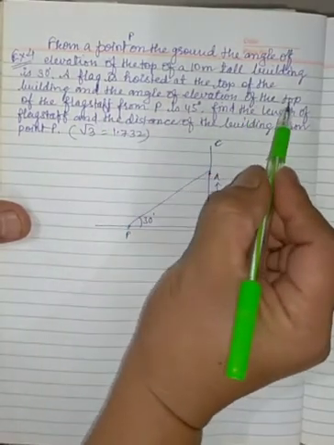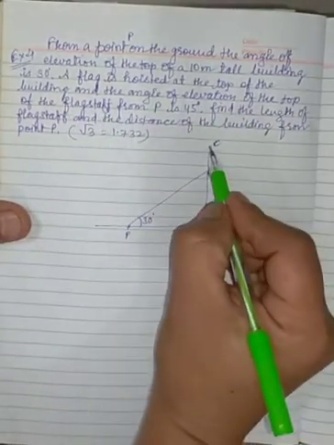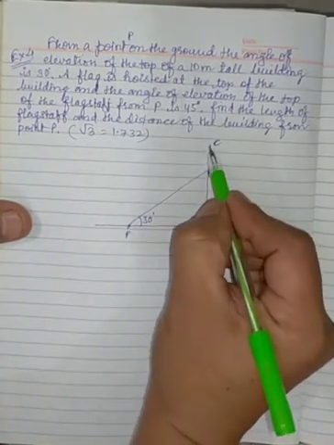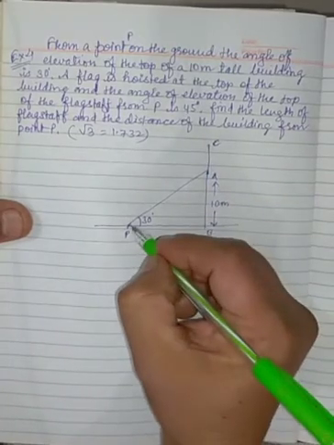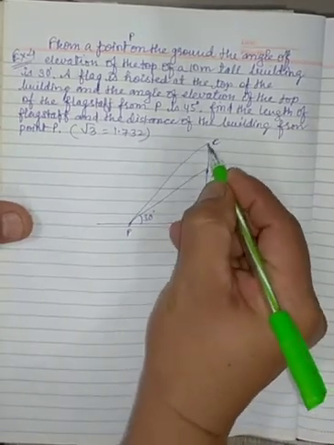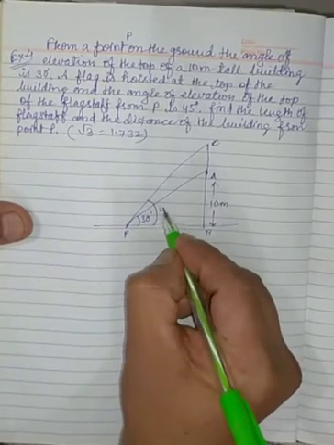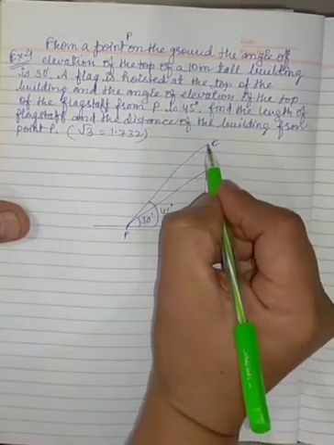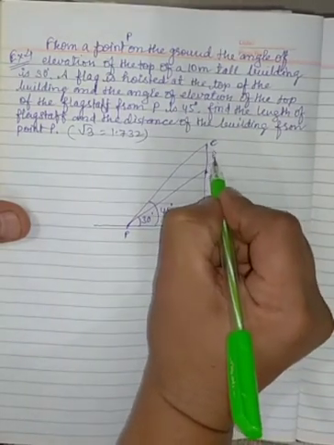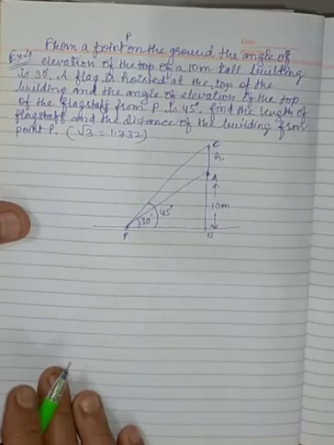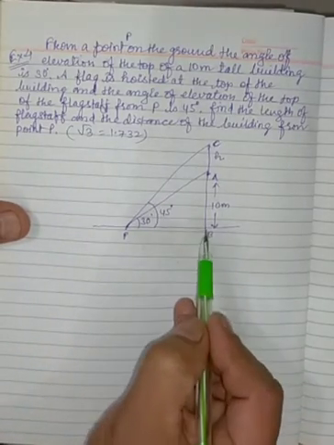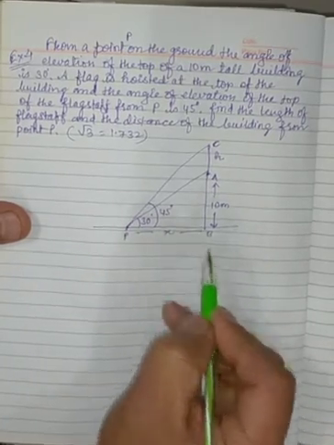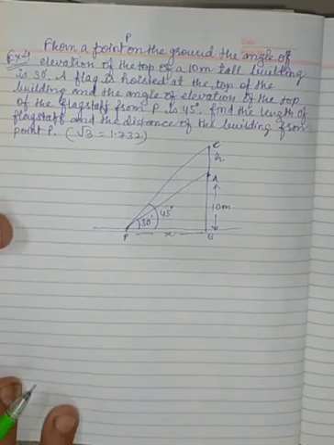And the angle of elevation of the top of the flagstaff, this is the top of the flagstaff, from the same point P, we are given 45 degrees. So the length of the flagstaff we have to find out, let it be H, and the distance of the building from the point P, let it be X. So these two things we have to find out.